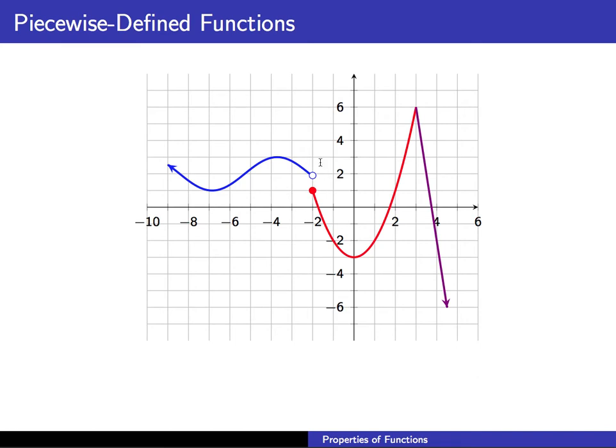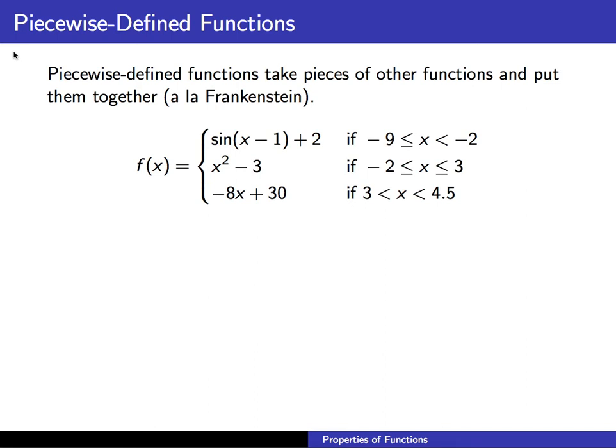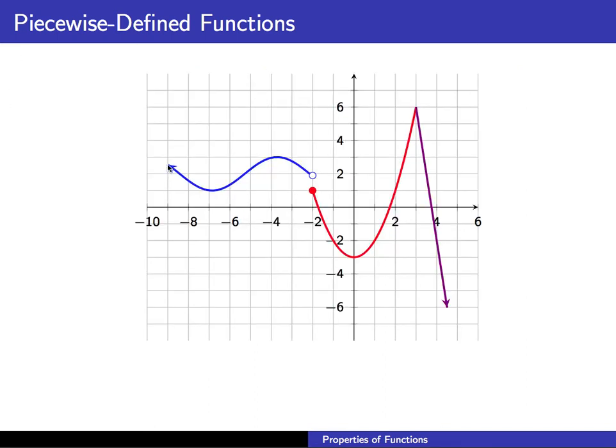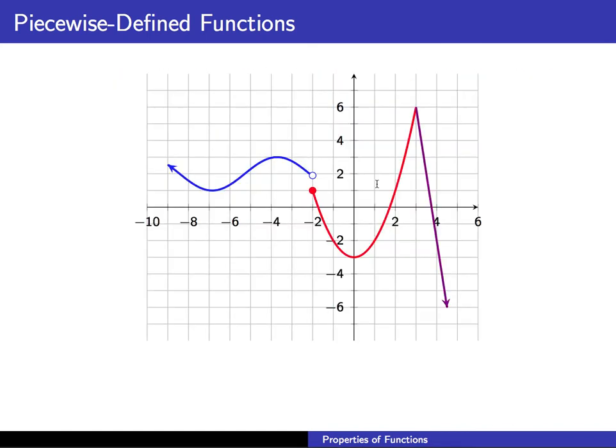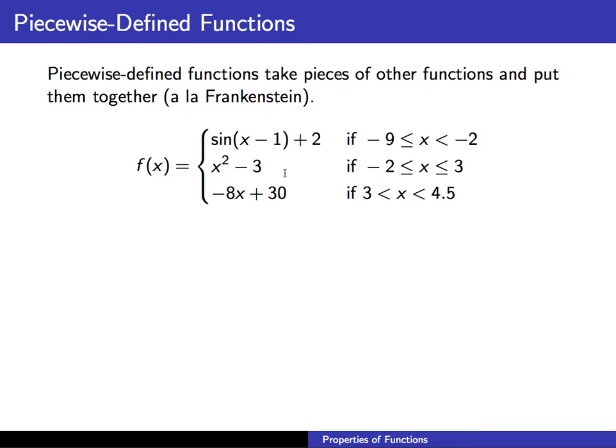Over here we have the first function, that sine function, between negative 9 and negative 2. Actually, this arrowhead shouldn't be here. It should just be a solid point. And between negative 2 and 3, we have x squared minus 3. So x can equal negative 2 for this second one.